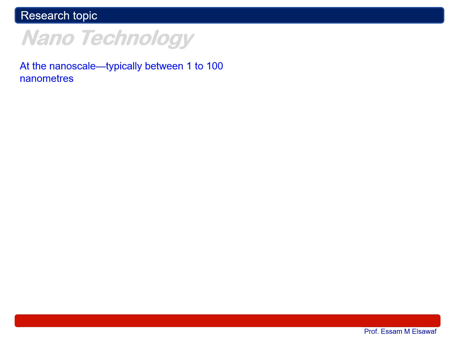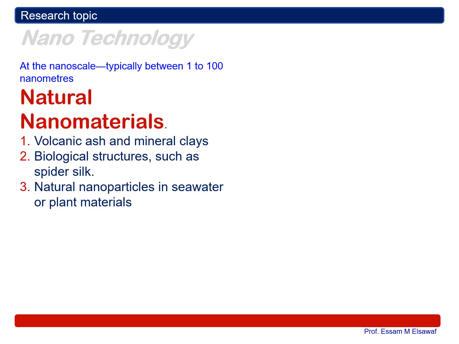This is the nanoscale. We have natural nanomaterials like volcanic ash and mineral clays, biological structures such as spider silk, and nanoparticles in seawater or plant materials.